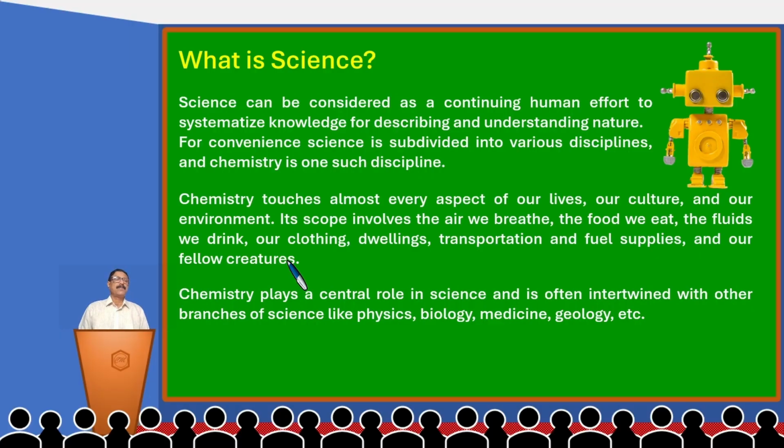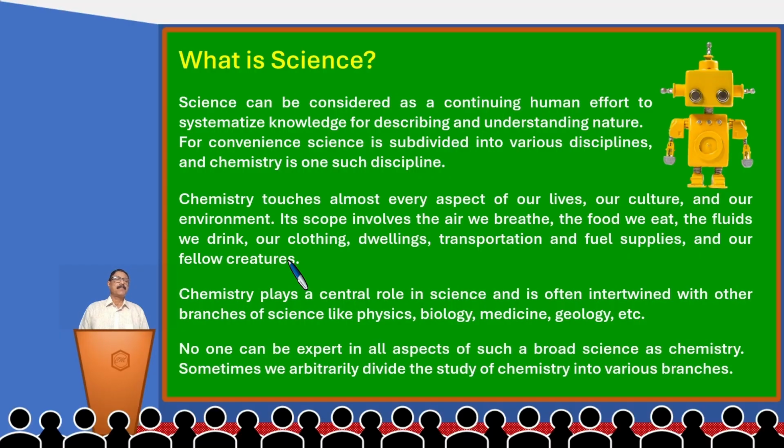Our body consists of a lot of compounds that undergo innumerable chemical reactions to keep us alive. No one can be expert in all aspects of such a broad science as chemistry. Sometimes we arbitrarily divide the study of chemistry into various branches.